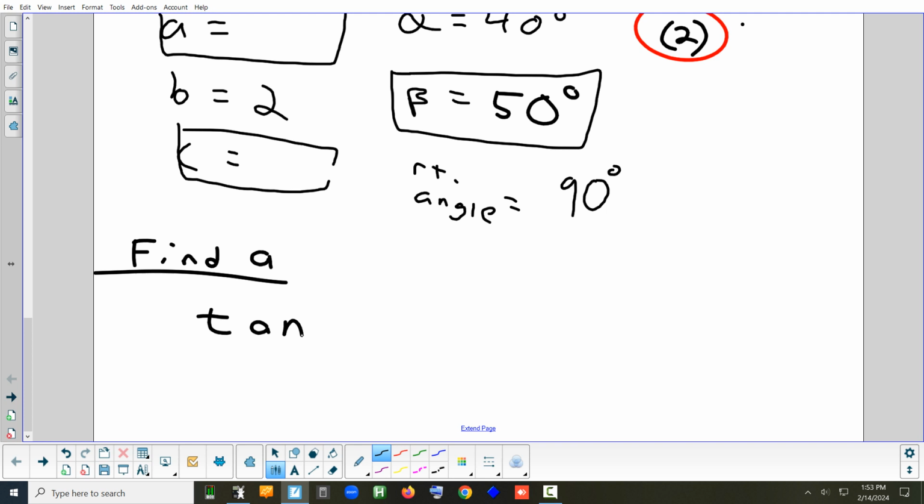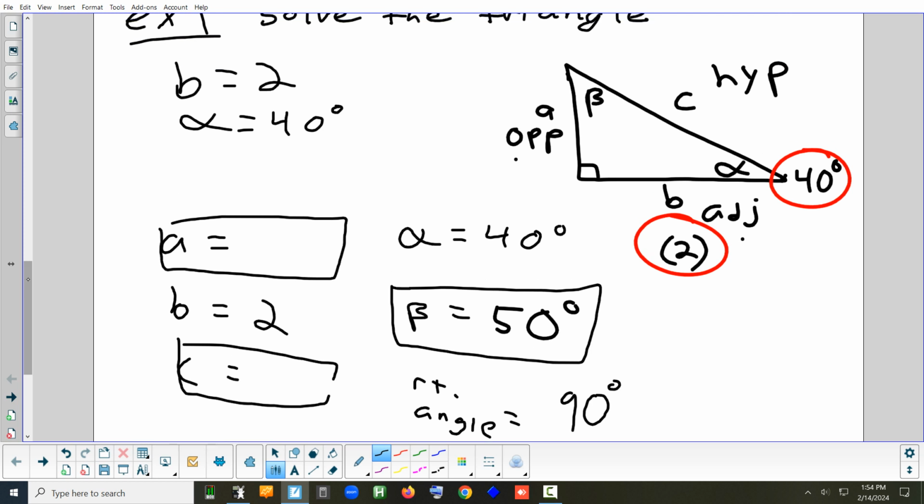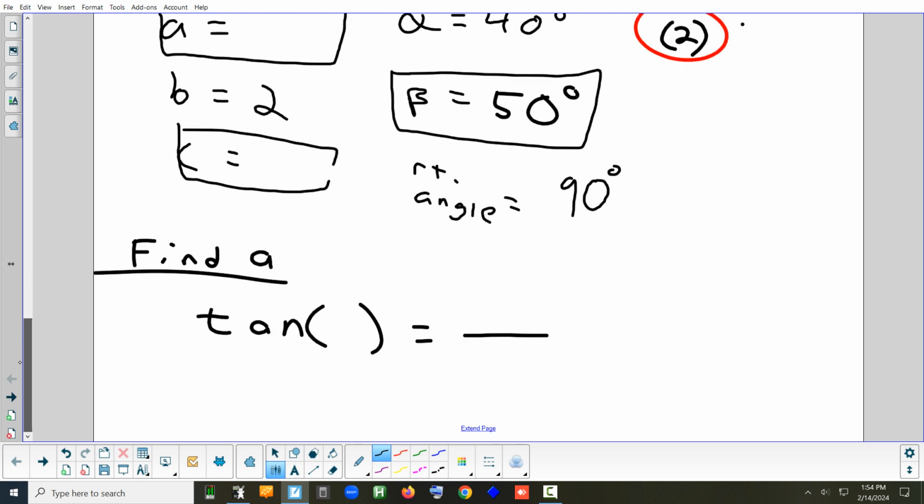So you always start with the trig function. Leave room for your argument. That's what you're plugging into the tangent function. And on the other side, it's going to equal a fraction. Okay. What's the angle that we're using as our perspective for this problem? 40 degrees. So the tangent of 40. And what's the definition of tangent?